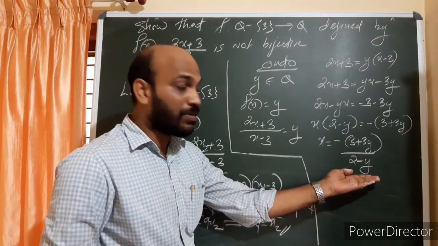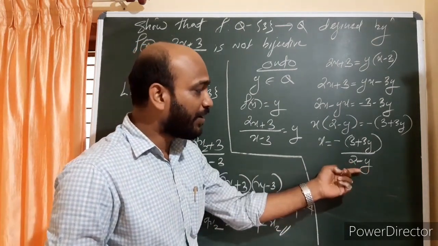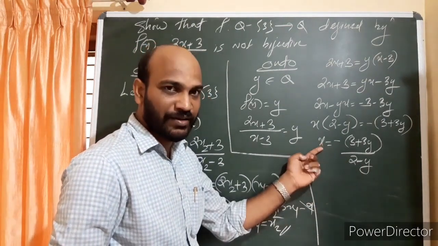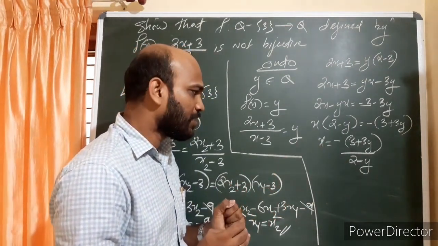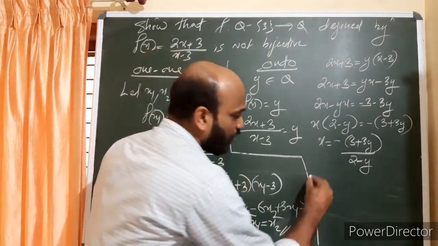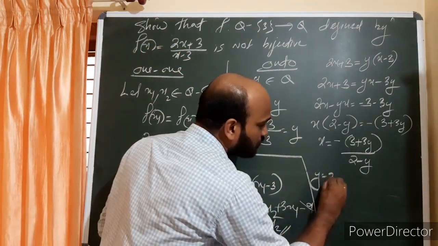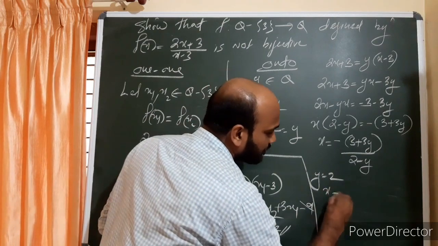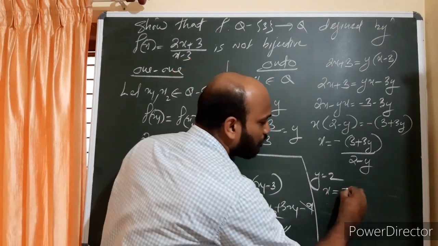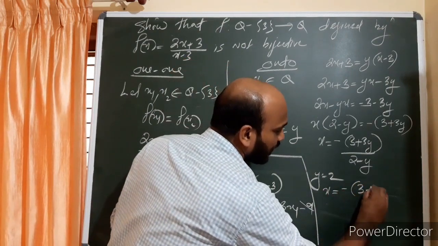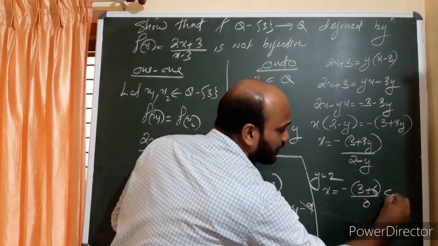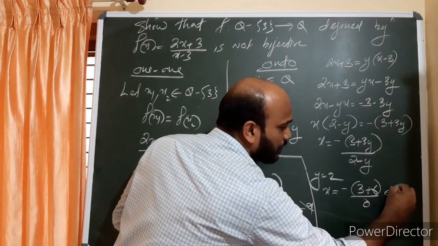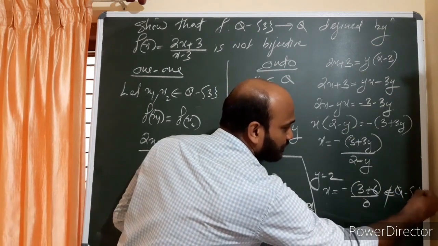Always you have to consider the denominator. When y equal to x is not defined, that means 2 does not have any preimage. That example you have to find. When y equal to 2, what is the value of x? x equal to minus of 3 plus 6, 3 into 2 by 0, which does not belong to Q minus 3.